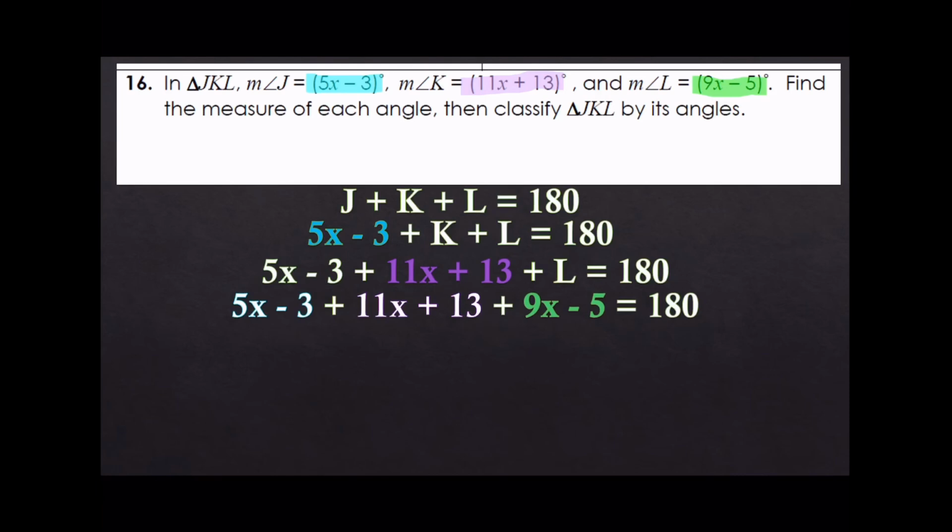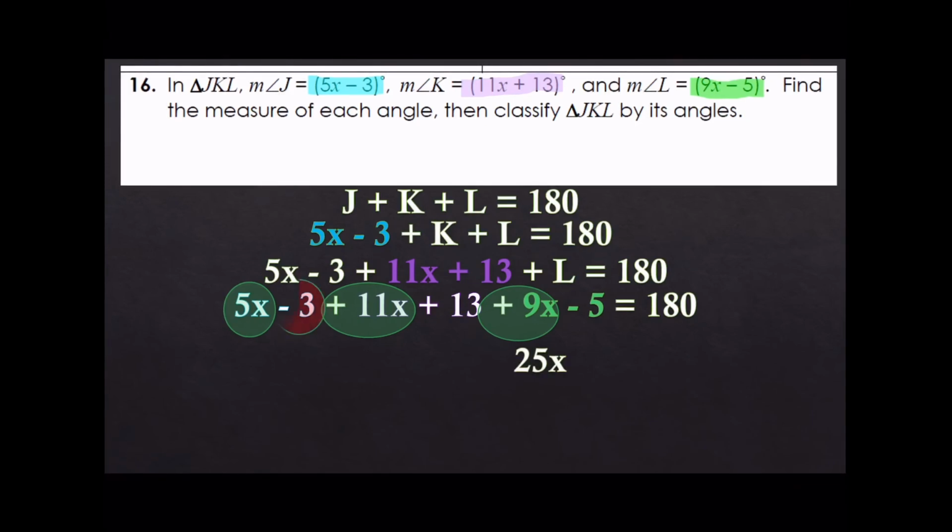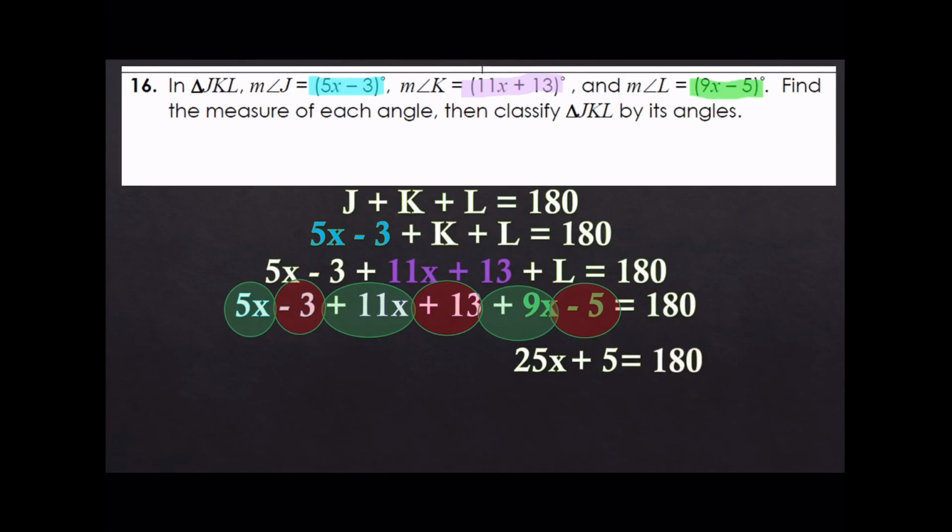So now I'm going to combine my like terms. I'm going to look at my x variables first. I have a 5, an 11, and a 9, which gives me 25. Then I have -3, 13, and -5. That's going to give me a +5. All of that still equals 180.